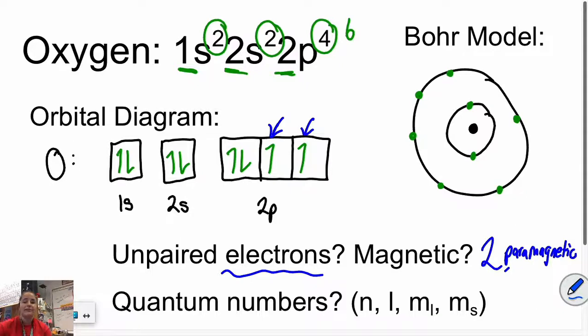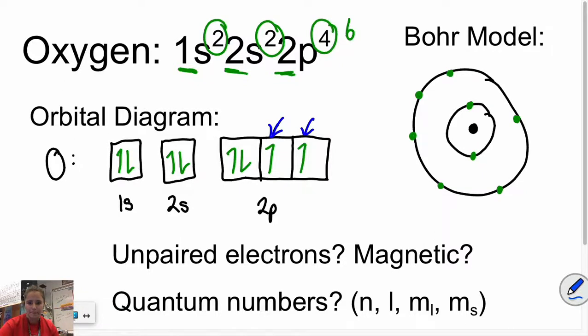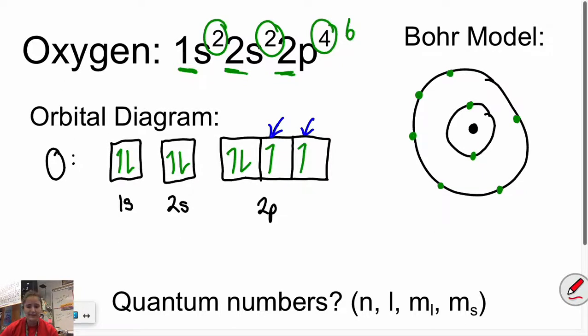Okay. Now I wanted to go over a little bit about quantum numbers. On the AP chemistry test, you don't have to be able to assign quantum numbers, but you should be able to recognize them. Okay. So let me clear up and make some room here. N, L, M sub L, and M sub S. N, that's the principal quantum number, aka the energy level.